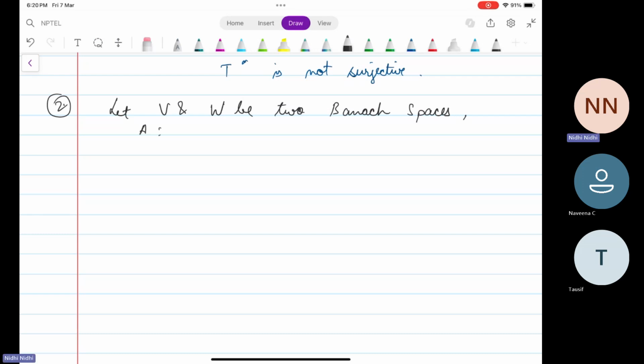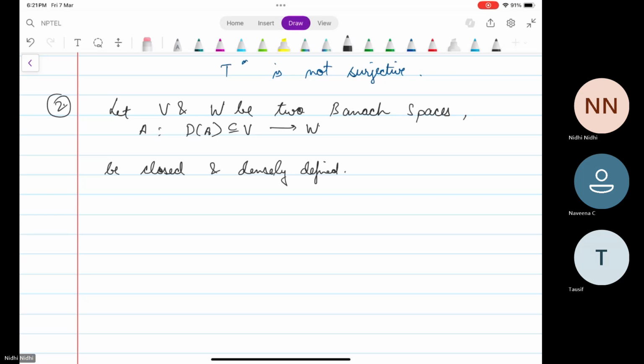A is a map defined on domain of A, which is a subset of V, to W. Let A be closed and densely defined.